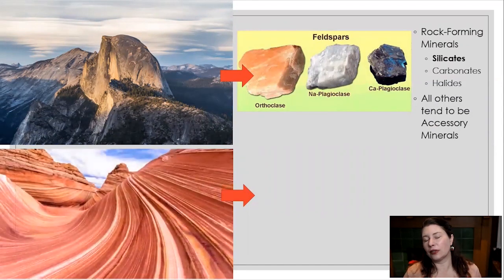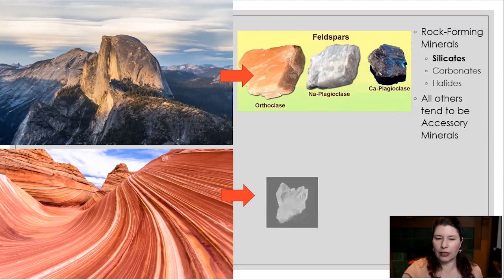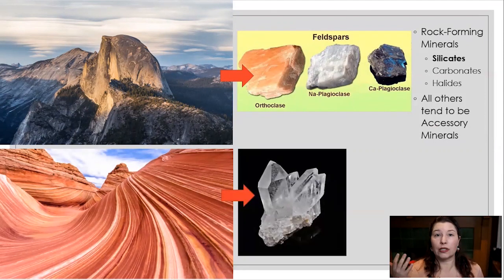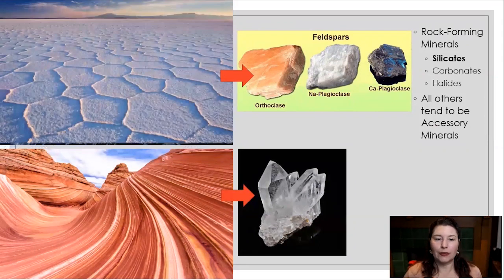Or we could be looking at some ancient desert dunes in Arizona and California, and these are made up of quartz. Most sand on Earth is made up of quartz, unless it's biological and there are shells in it too, like in Florida. That's a different story, and we'll get into that a little bit later. But most sand is made up of quartz, and the reason it's red is because it's stained with rust, with iron oxide.